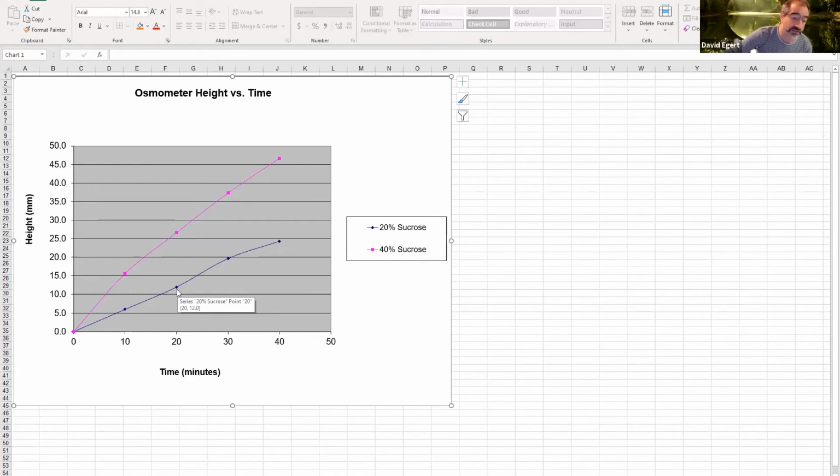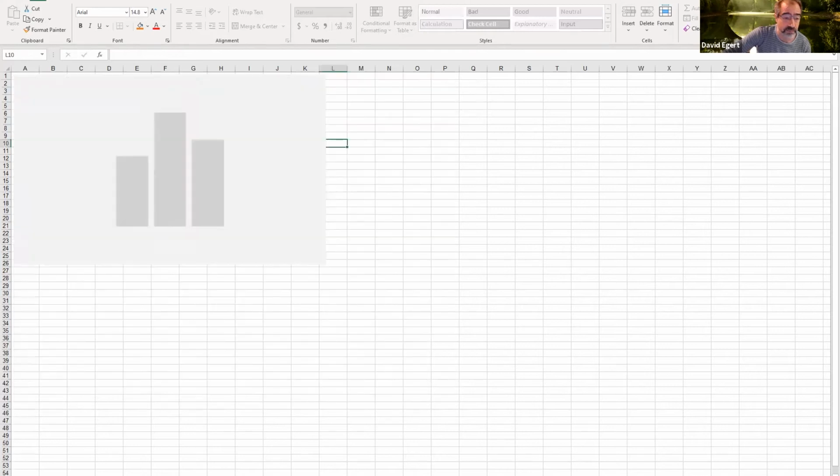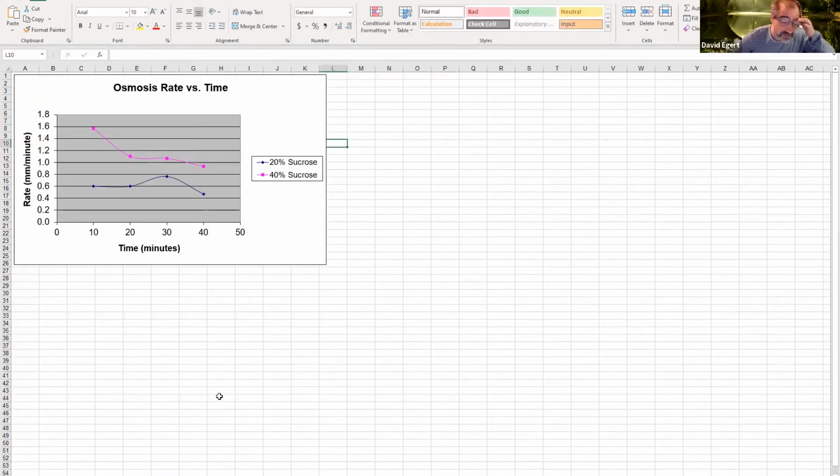That gives us millimeters per minute that the water was going in for that 10-minute block on average. So that's what this rate graph is, this next little tab here. For every 10-minute block, take that height difference and divide by 10 minutes.